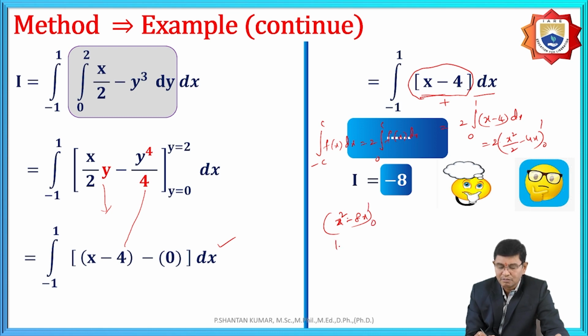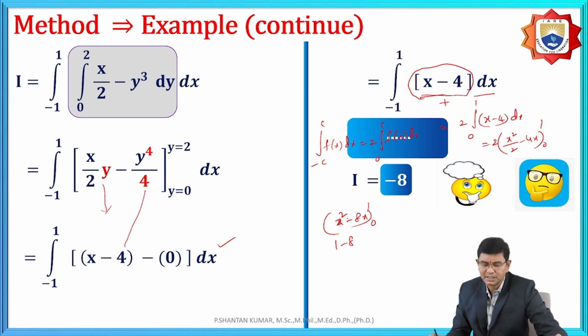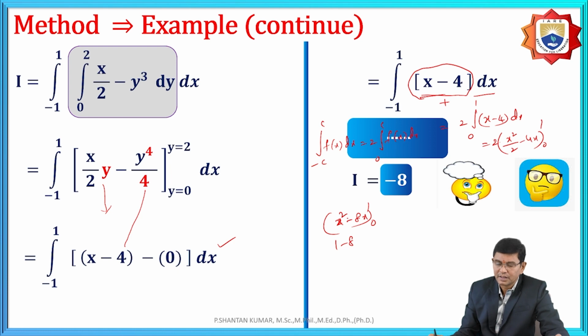The upper limit is 1 minus 8. So x square by 2, the 2 is cancelled.